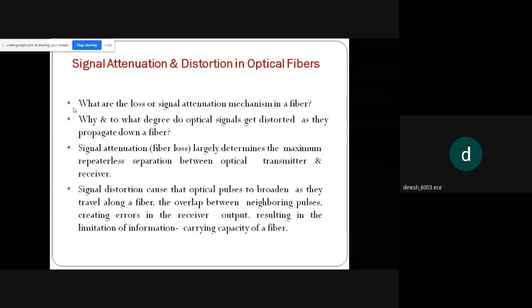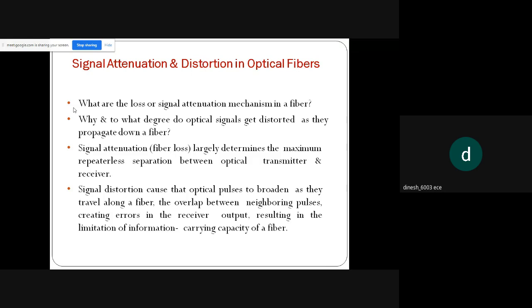The first question is: what are the losses or signal attenuation mechanisms in an optical fiber during the transmission of optical signals? Why and to what degree do optical signals get distorted as they propagate down a fiber? The answer to these two questions is your unit number 2 fully.